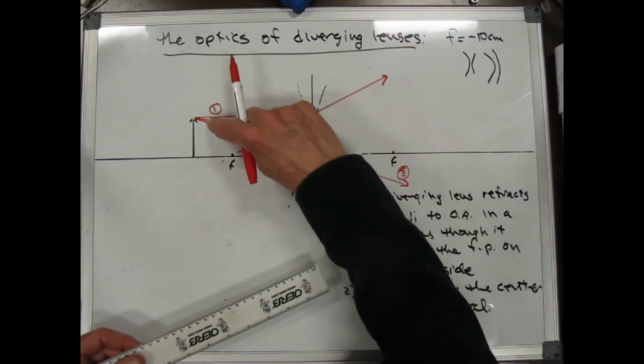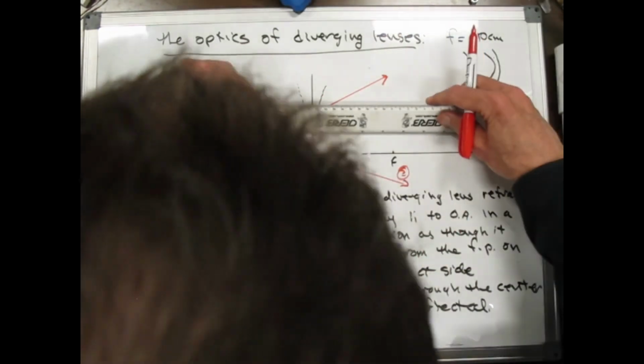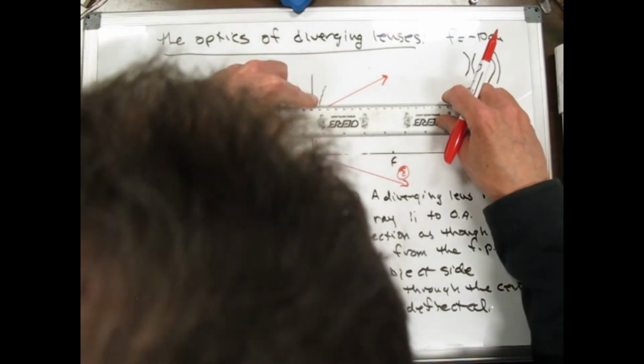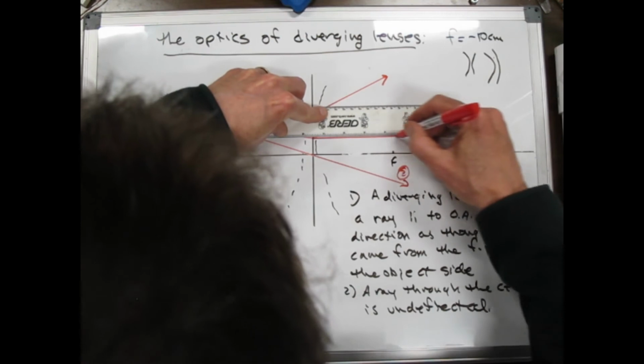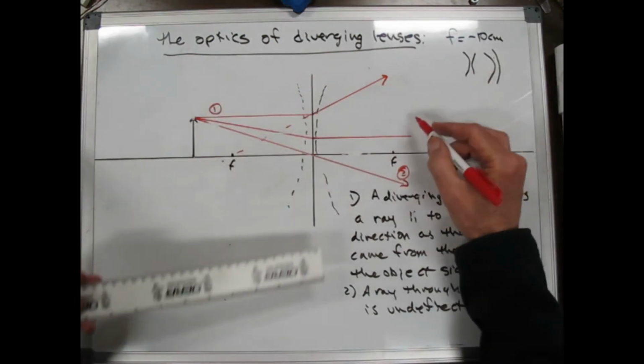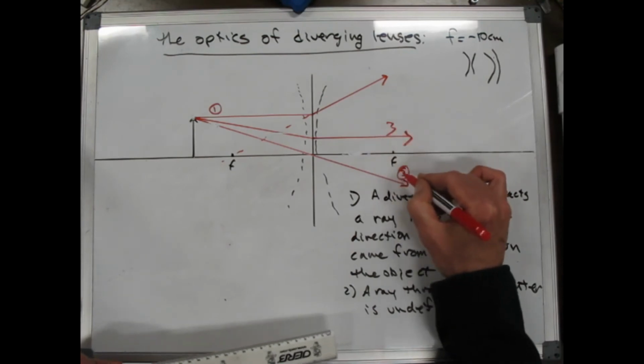Instead it gets refracted parallel. That's what this guy does. He's aimed at this side, and so instead of going in that direction when it goes through, it gets bent parallel. Goes out like this. And so this is ray 3. This was 2.